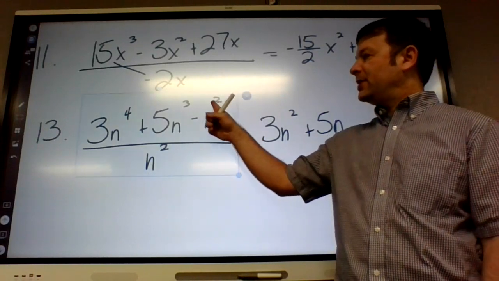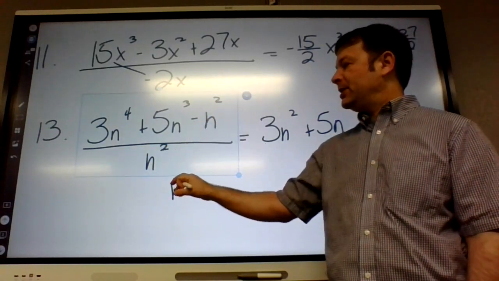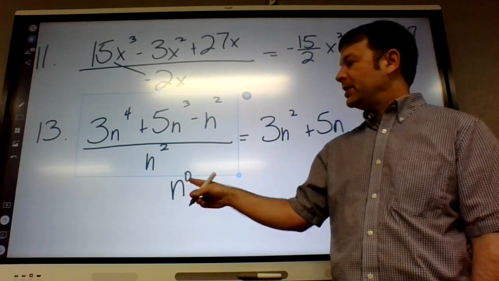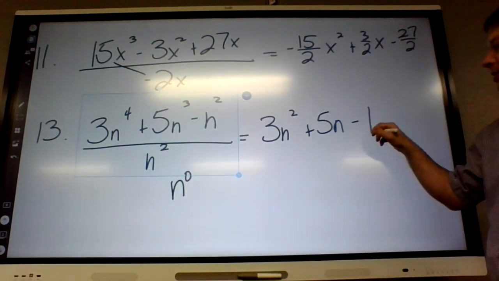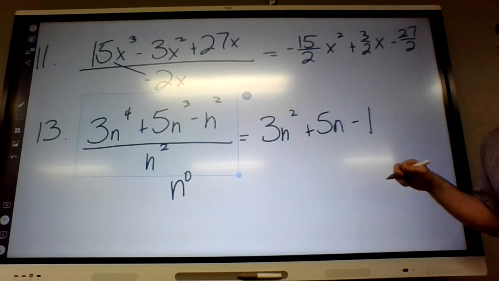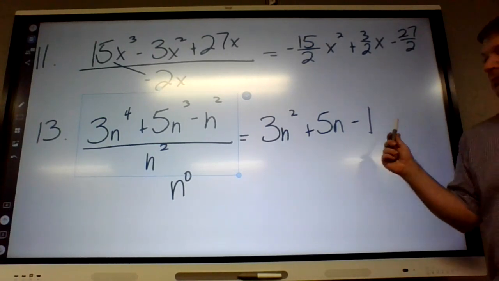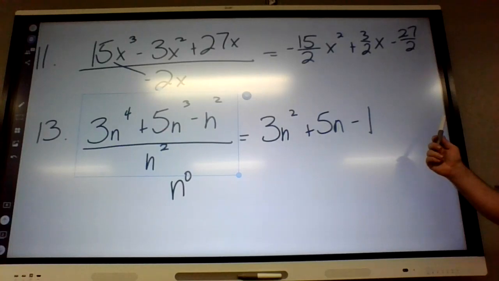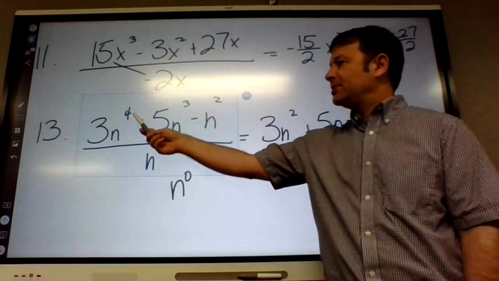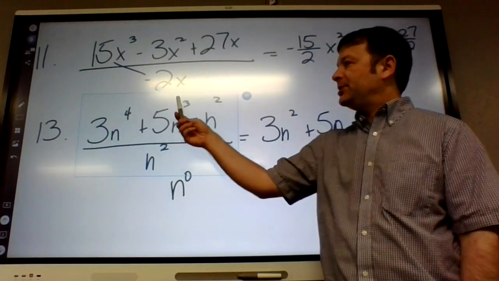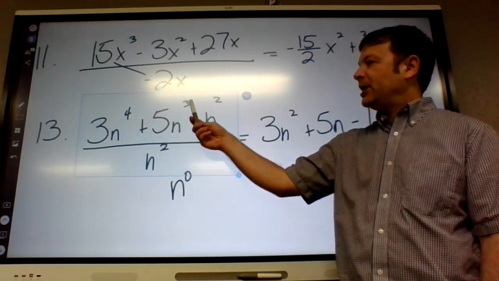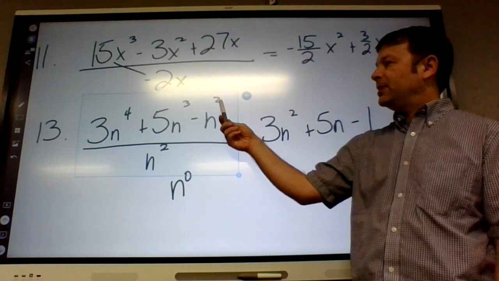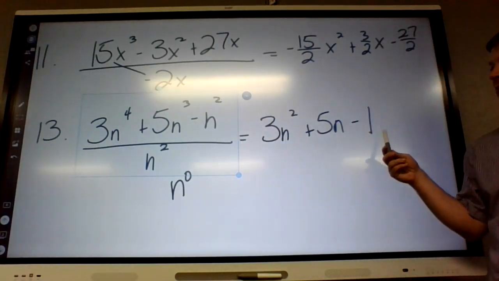Or if you think of it as 2 minus 2, that would be n to the 0. But anything to the 0 is 1. Yeah, a lot of people get that part wrong. So all she did really was the n's went down by 2 on every term. So this became n squared, this became n to the 1, this became n to the 0, which is just a normal 1.